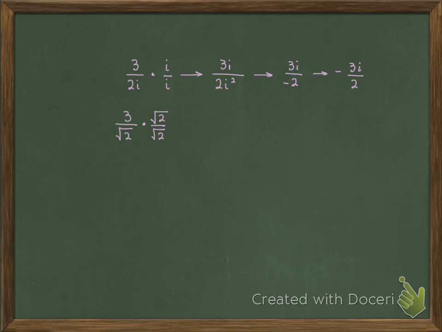Okay, so 3 times the square root of 2 straight across the top is 3 times the square root of 2. The square root of 2 times the square root of 2 is the square root of 4, which, of course, is simply 2. Okay, so that's the idea of simplifying when you divide imaginary numbers.